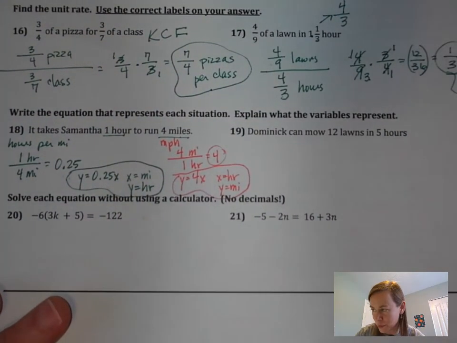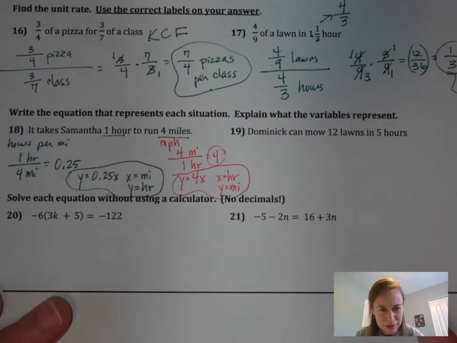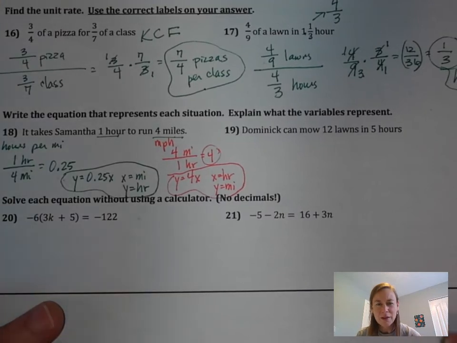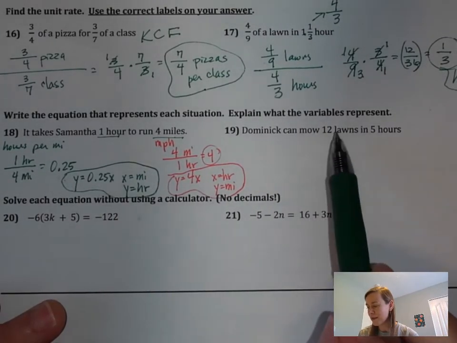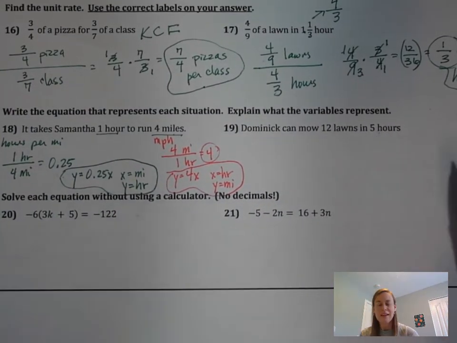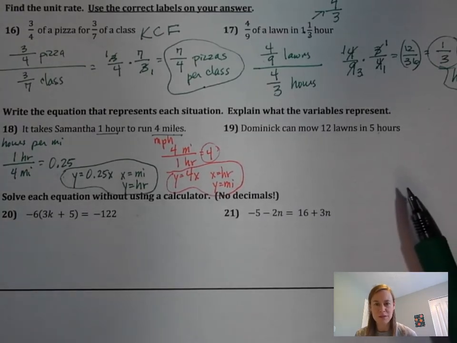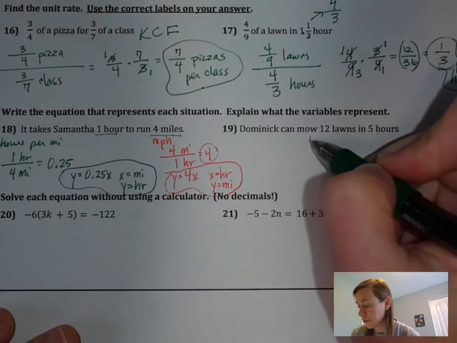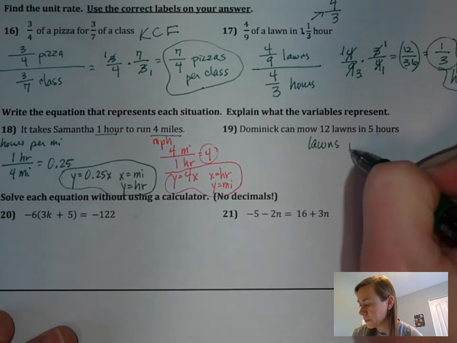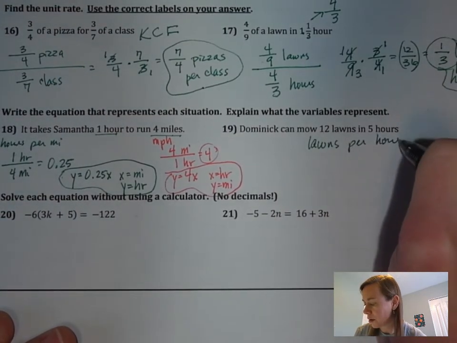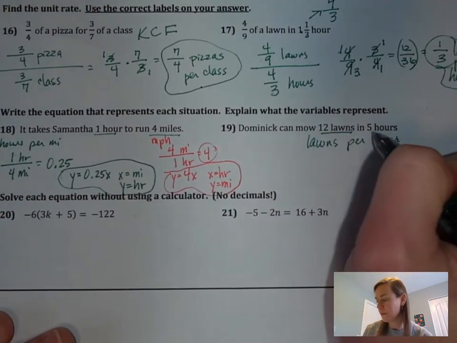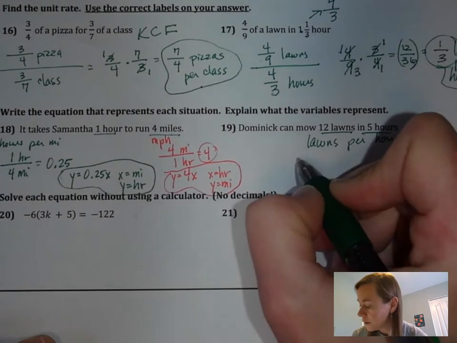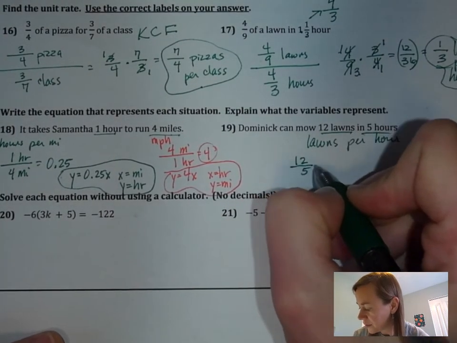I don't know why this one looks so blurry. Let me see if I can focus that a little bit more. Maybe a little better. Okay, Dominic can mow 12 lawns in 5 hours. This one seems really straightforward to me. We're going to do how many lawns per hour, okay? Lawns per hour. So, lawns on top, hours on bottom. 12 lawns per 5 hours.